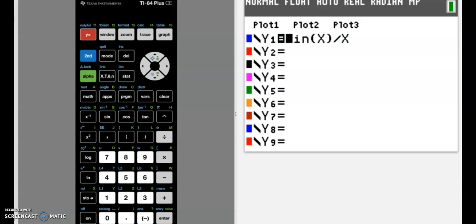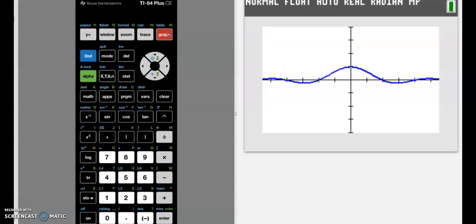Typically in calculus, not all the time, but the majority of the time, we are working in radian mode when we deal with trig. Especially if you're a physics student, you want to make sure your calculator is in the right mode. In any case, I'm going to go ahead and show you the graph.